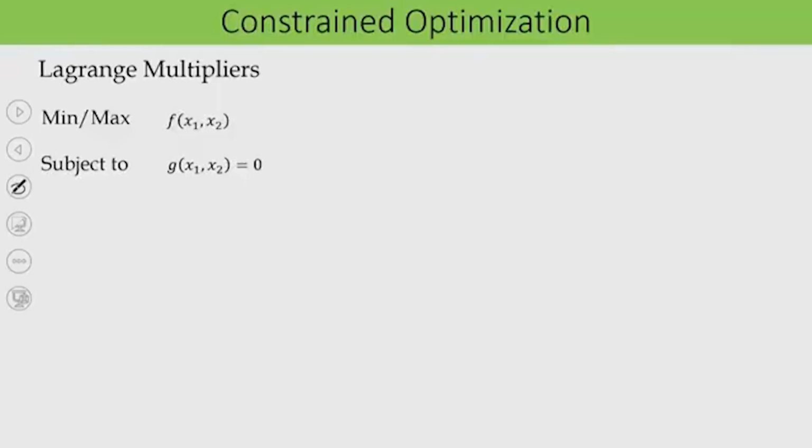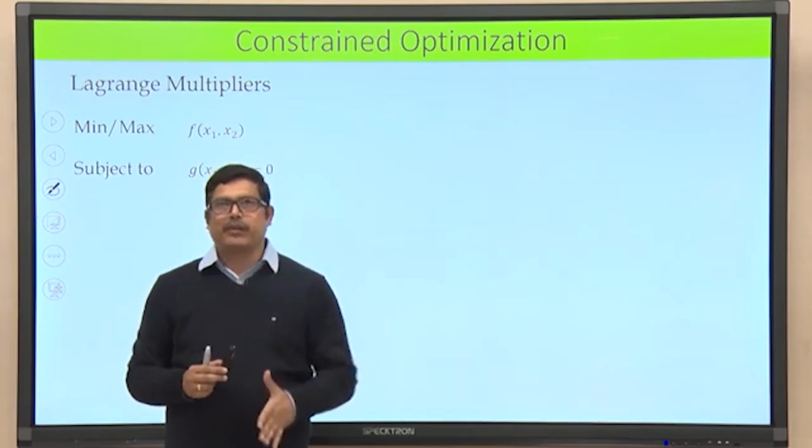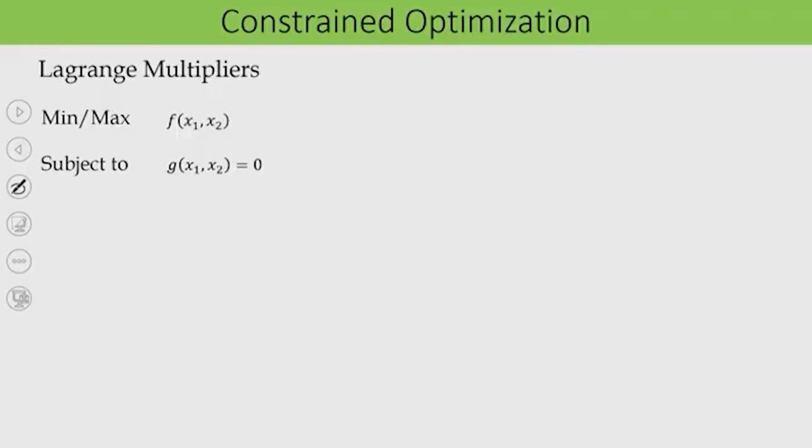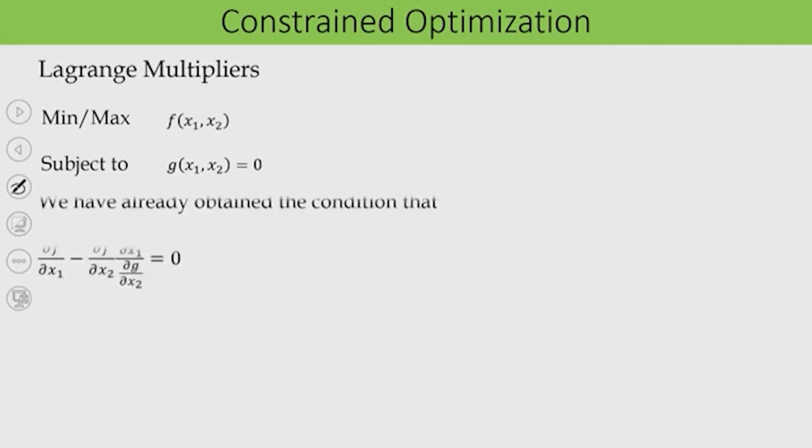Now we will discuss the Lagrange multiplier method. Let us take the same problem with two variables, that is minimization or maximization of f(x1, x2) subject to g(x1, x2) equal to 0. We have already obtained the condition for optimality in case of a constrained optimization problem having equality constraints.